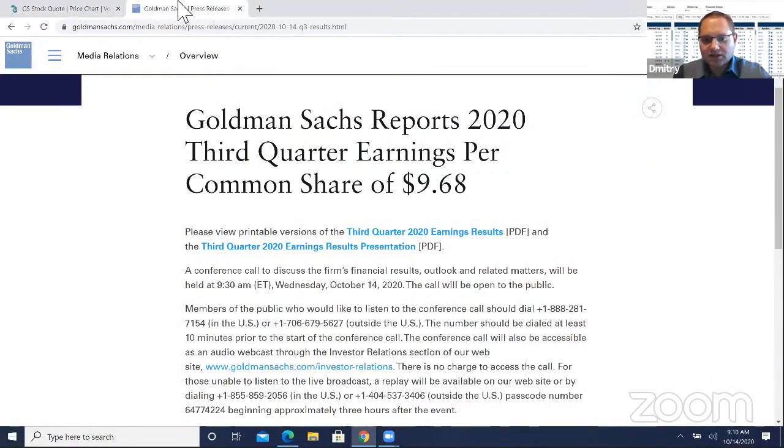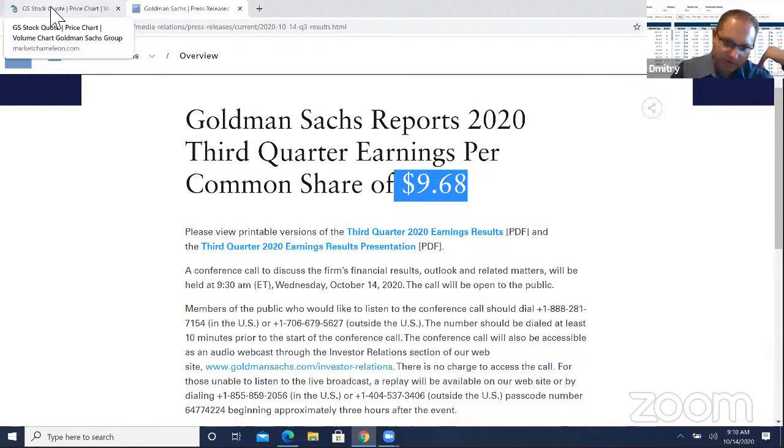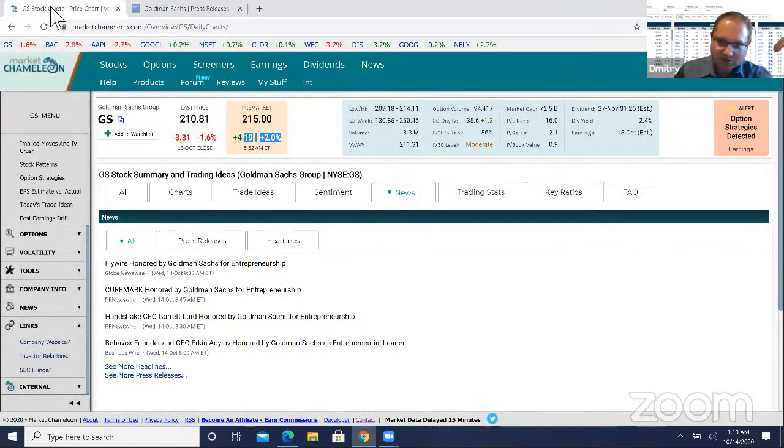And what I did is just go and confirm that they did release earnings. And of course, as a trader, if you ever have questions about a company or what's going on, what they're doing, it's always good to go to the investor relations, even call them and ask them questions, right? About upcoming events, stuff like that. They should be able to help you if you're an investor in that company.